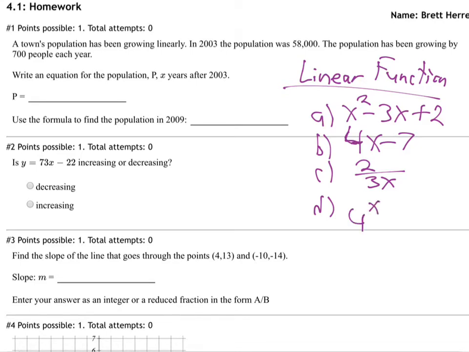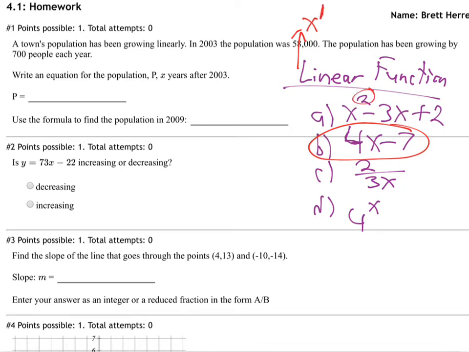Which one of those is a linear function? Does anybody know? What in the world is a linear function? Yeah, it's B. And what we mean, linear function means x to the first power.